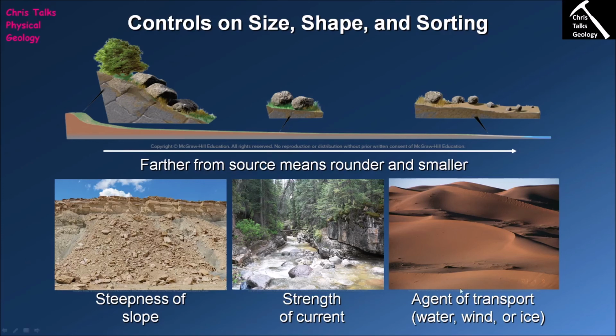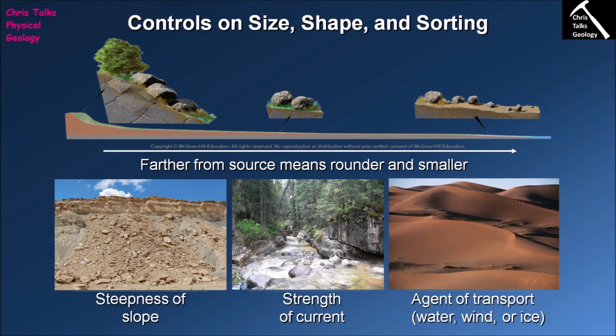Now, in terms of the transporting medium, whether it's water, wind or ice, this is also going to have an effect on how quickly your sediment rounds. In the case of the wind, well, it's not a particularly energetic transporting medium. And so sediments transported by the wind will often take longer to round. That's simply because when the clasts bang into each other, the force of the impact is just going to be lower.